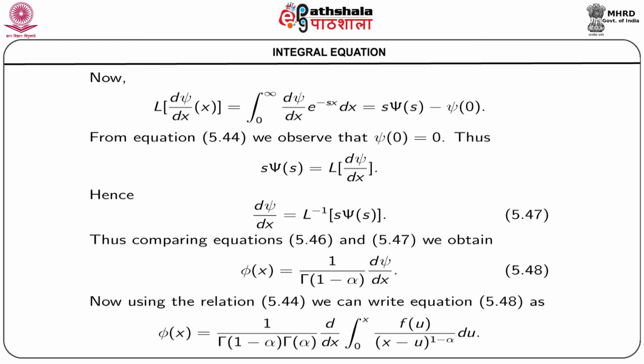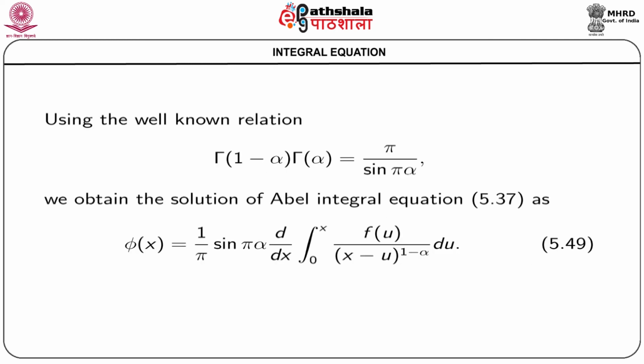Now, we know the well known relation of the gamma function, that gamma 1 minus alpha into gamma alpha can be written as pi by sin pi alpha.